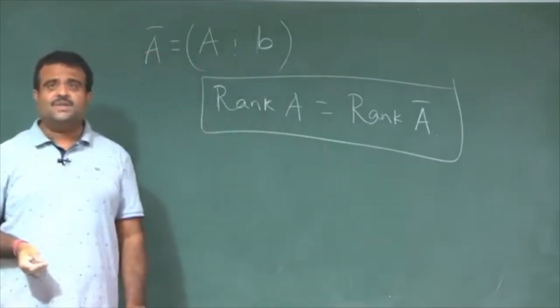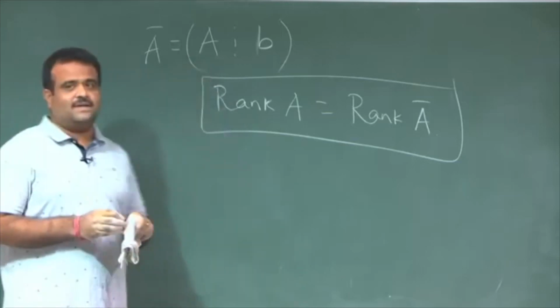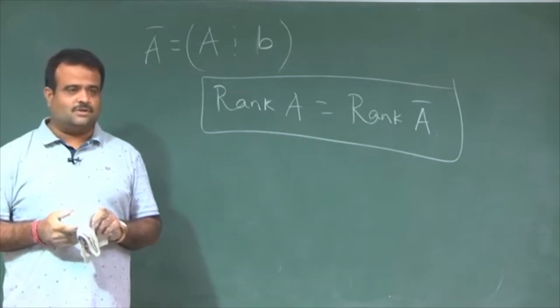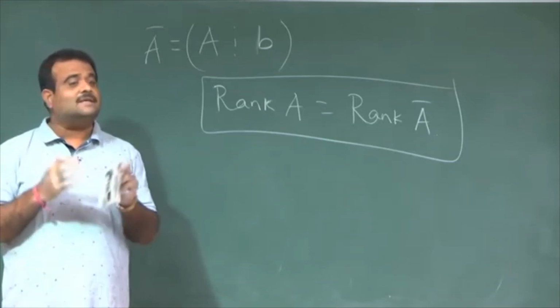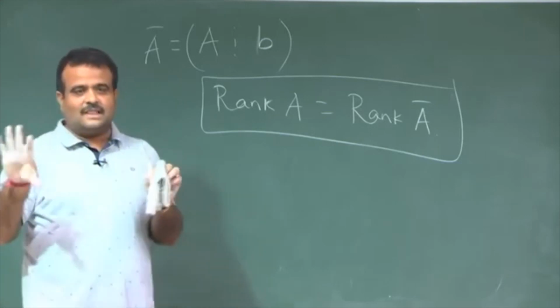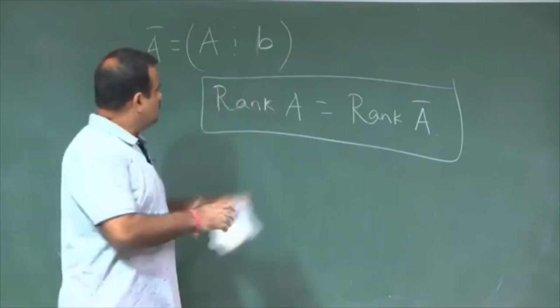If it is not the same, then there is no solution, because if we take this augmented matrix and keep on applying elementary row operations on it, then if the rank is not the same, we will eventually end up with zeros in the last row with some non-zero value in the B part. So, like this.